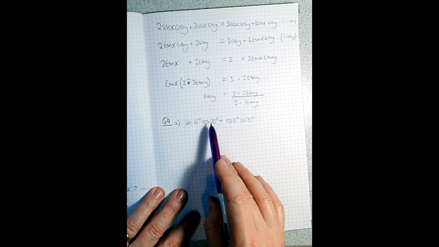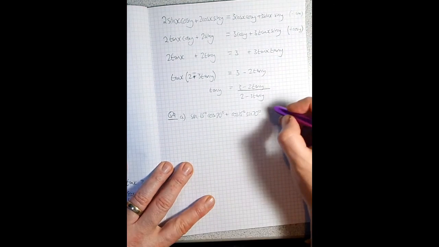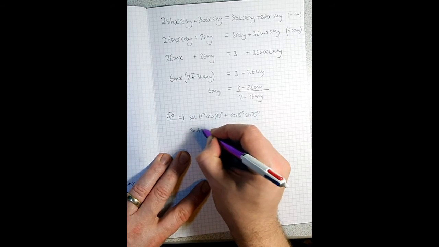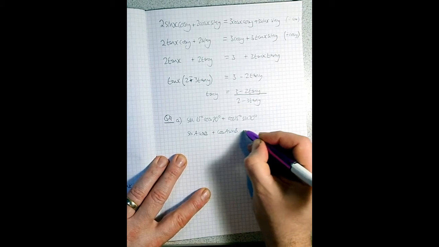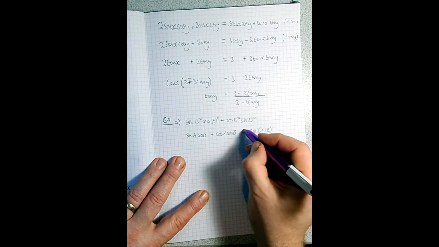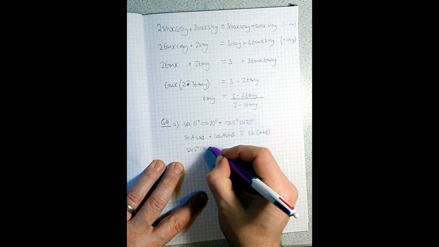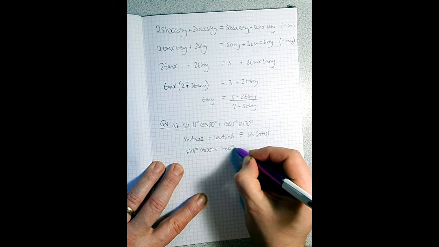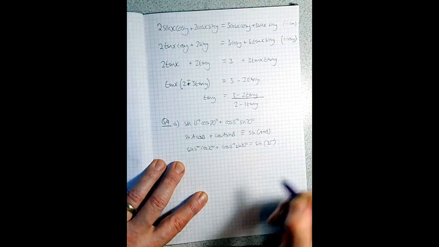So look, I've got sine A cos B plus cos A sine B. If I think about what identity that will be, that's going to be sine of A plus B, just from the identities that I've given. So sine 15 cos 20 plus cos 15 sine 20 must be the sine of 35 degrees. So essentially, what identity does it look like?